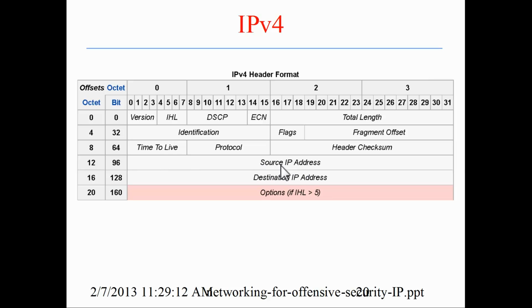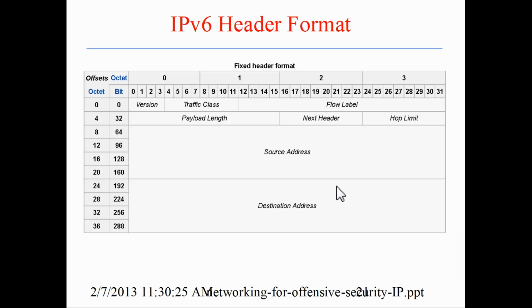Then the IP header has the source IP address and the destination IP address, and IPv6 has a much greater numerical range to address, and it has a more, I guess you could say, concise header format.